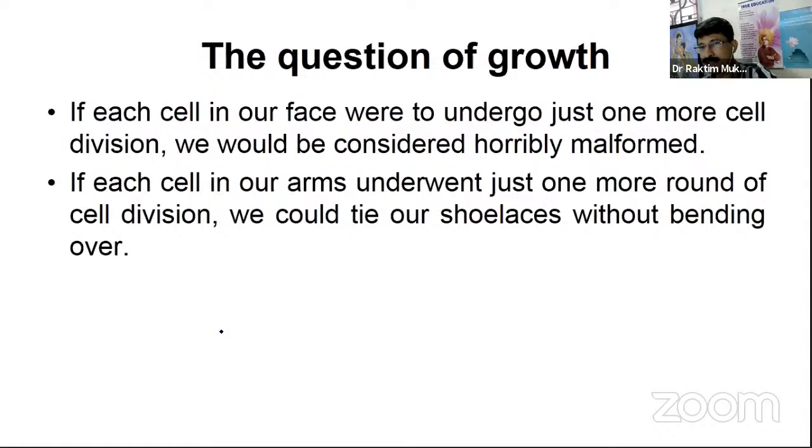Suppose the arms underwent just one round of extra cell division. Then one of the arms would have been so huge in size or length that even without bending, we could have tied our shoelaces.